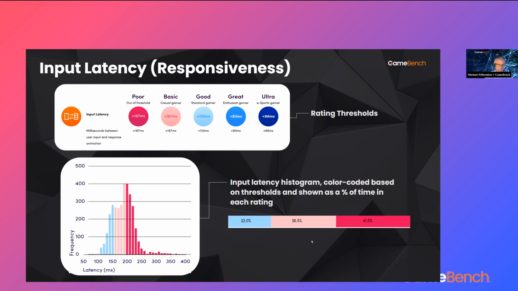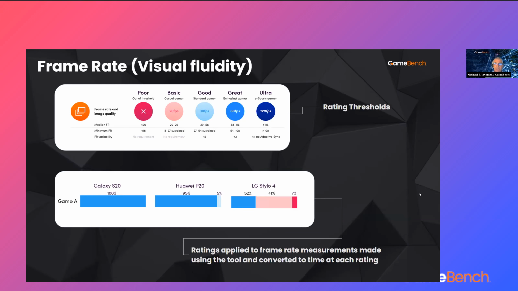As you can see here, we're showing an example where, in this particular case, 22% of the samples would be good, 36% would be in the basic level, and then 41% of the samples would be outside of the 167 milliseconds. So it's a good way to compare and benchmark across networks, across devices, and also across games and cloud stream providers as well. So that was input latency.